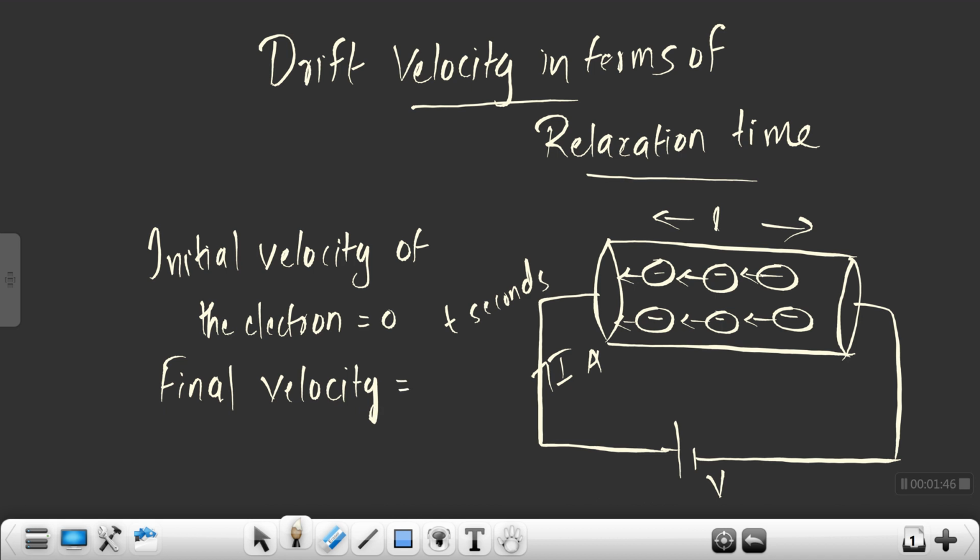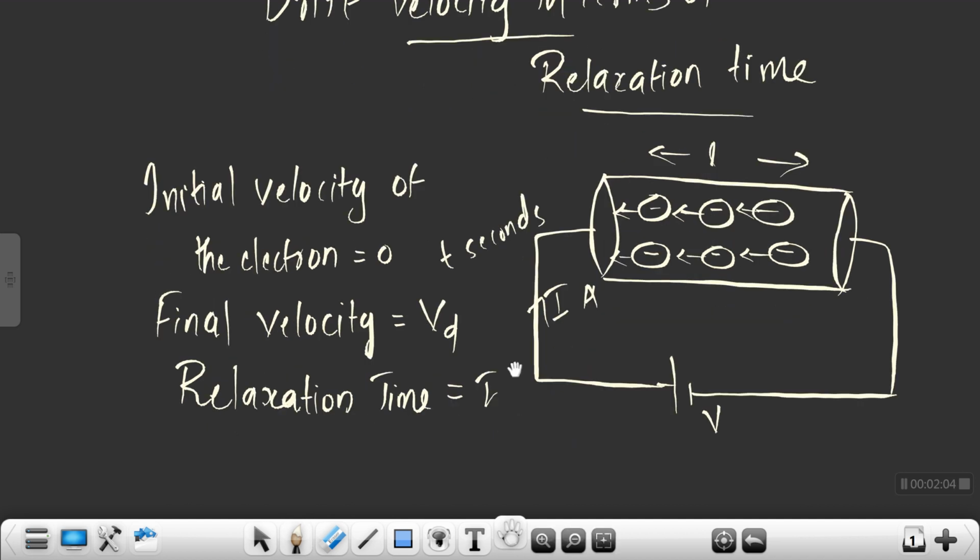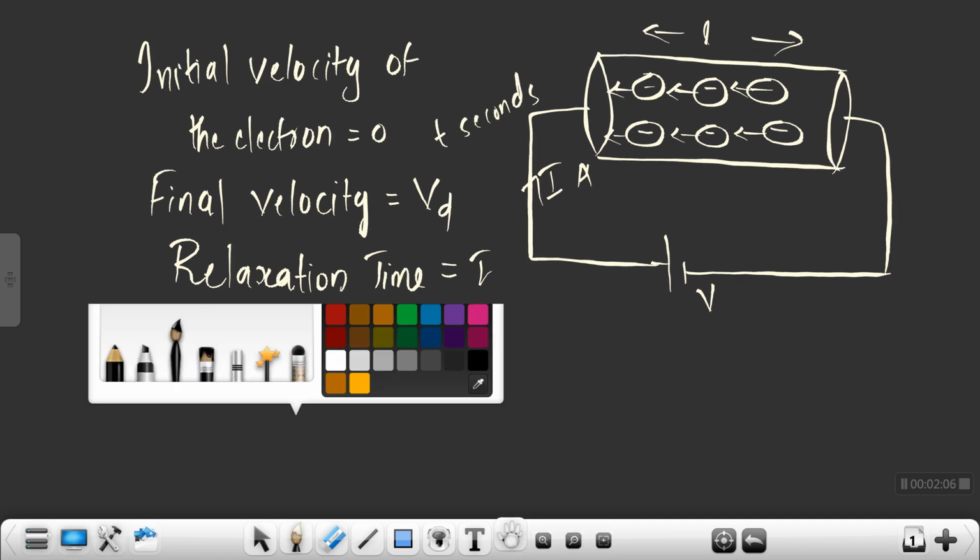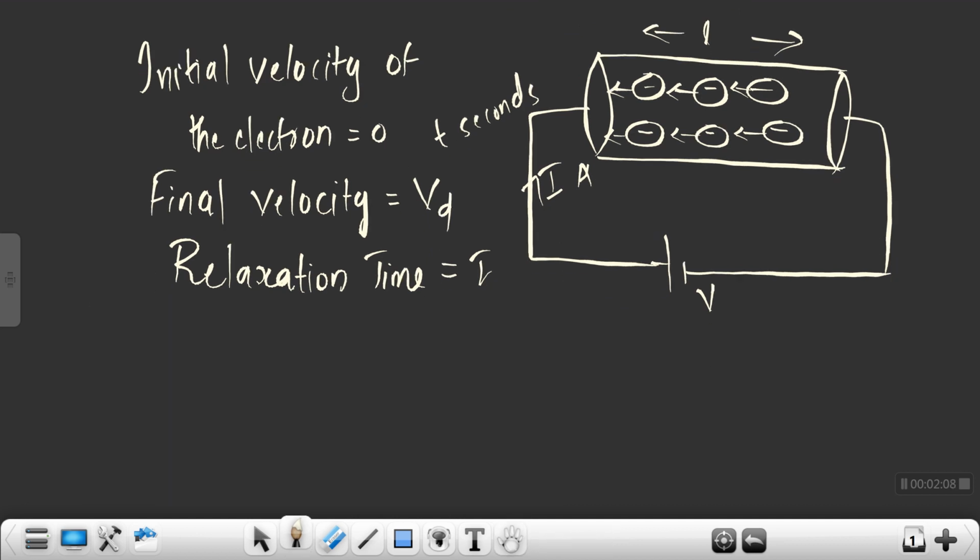So we can write the final velocity is equal to Vd. And we know that relaxation time is equal to tau. So from these details, we can find the force acting on each electron.